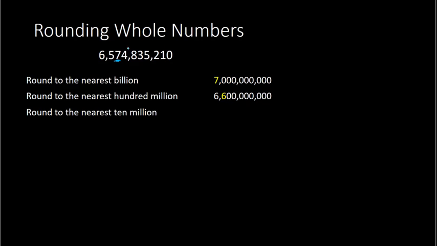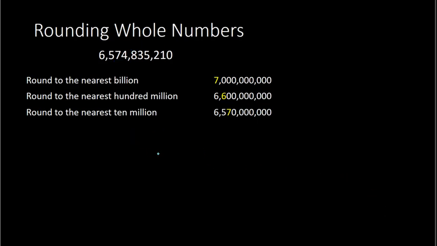So to answer that question, I look at the number before it, which is going to be this 4. So because it is less than 5, that means I keep this number the same, and that would be 6,570 million. So it's closer to 570 million than to 580 million.